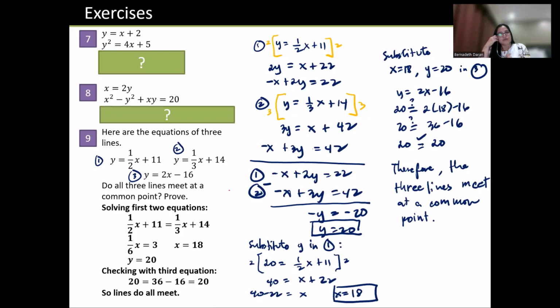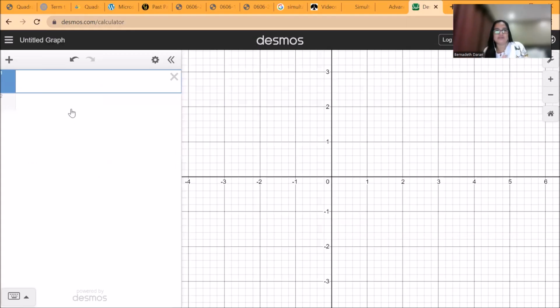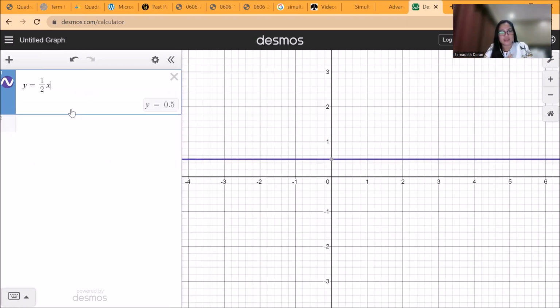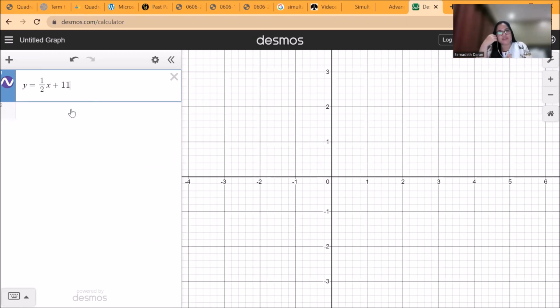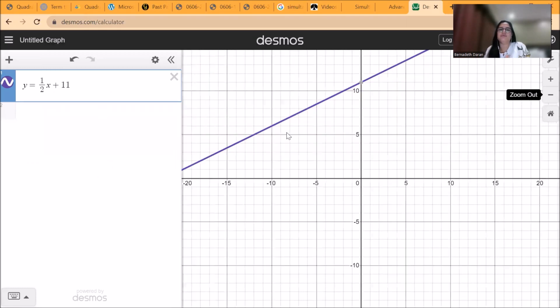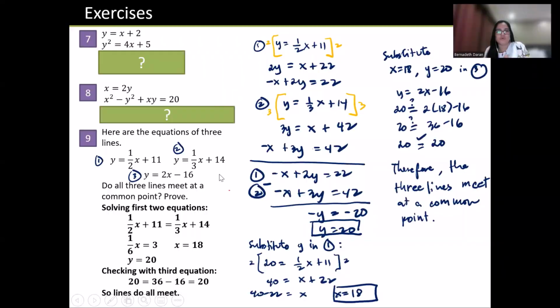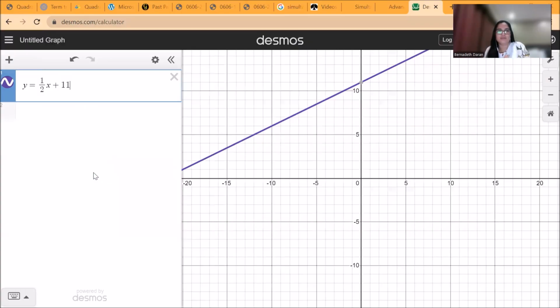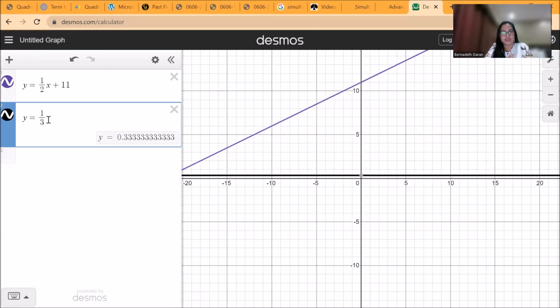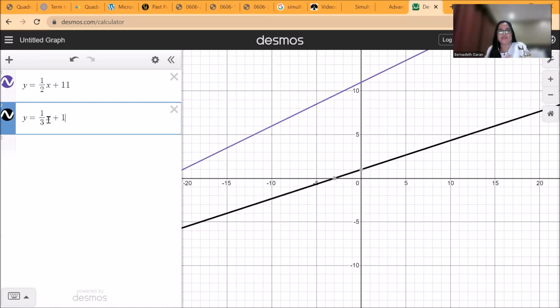There we go. So we have here y is equal to 1/2 x plus 11. Let's enter that. And the other one is y is equal to 1/3 x plus 14.